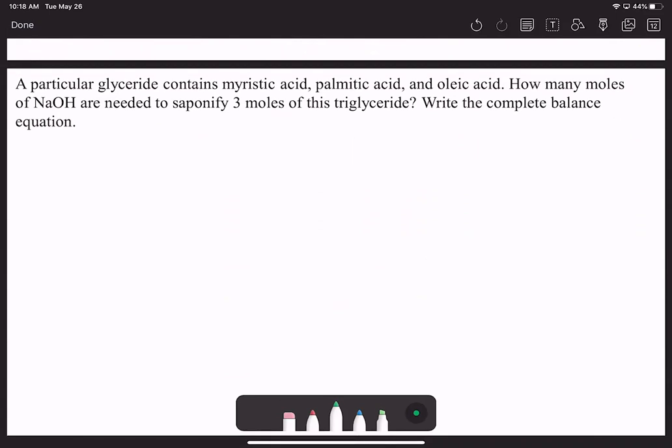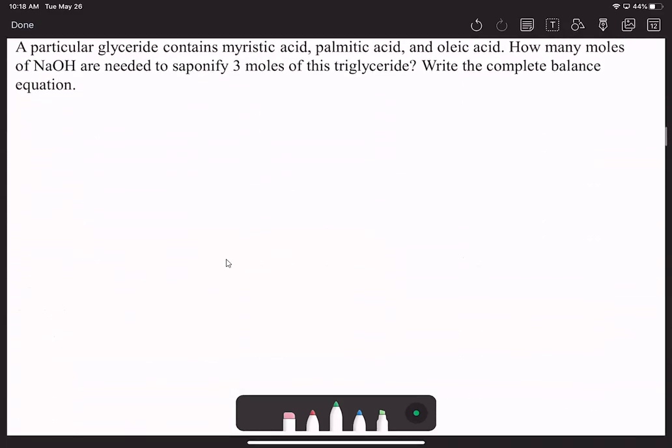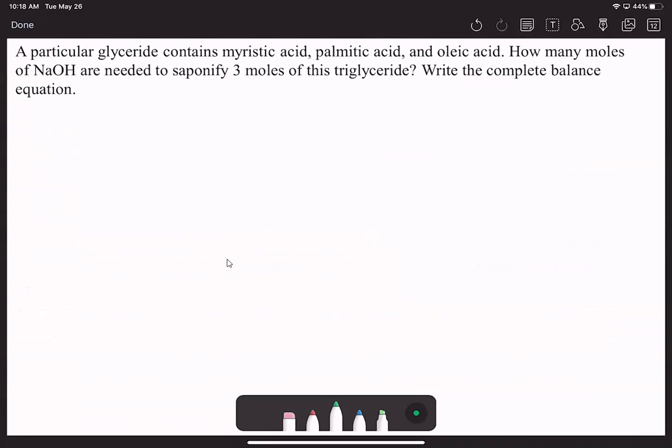We're going to write out a balanced equation similar to what we saw up here. So a particular glyceride contains myristic acid, palmitic acid, and oleic acid. Well, the first thing I'm going to draw is I'm going to draw my glycerol backbone.